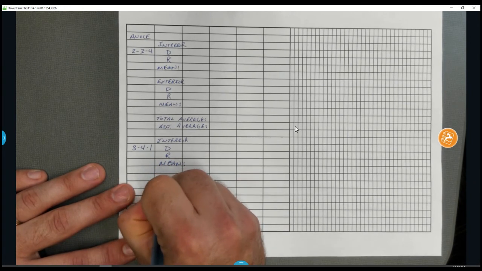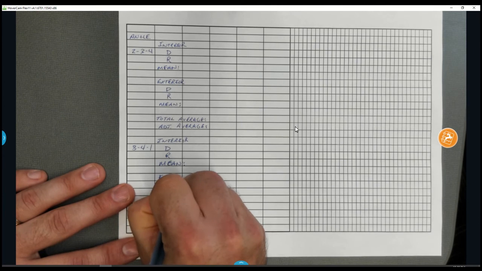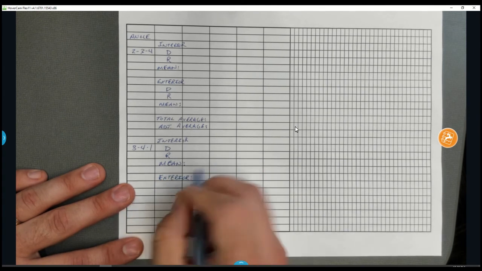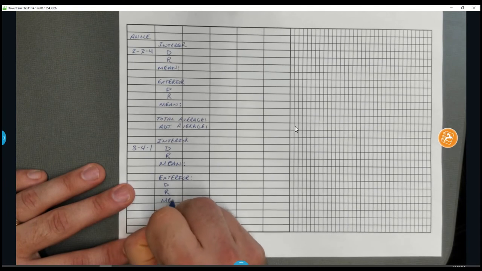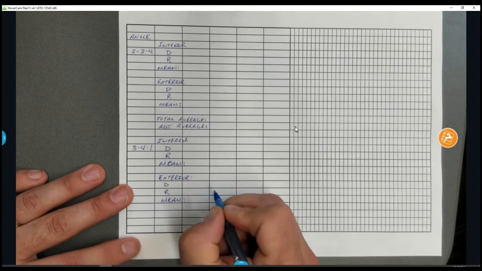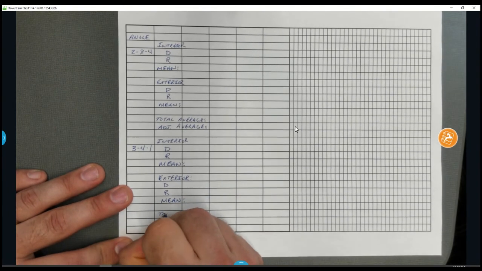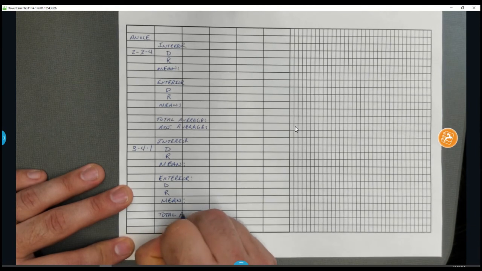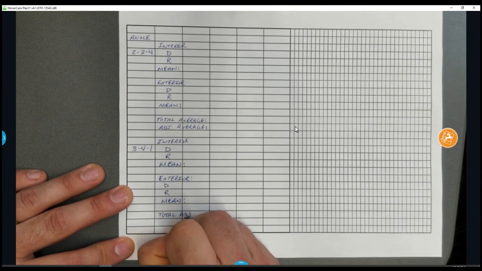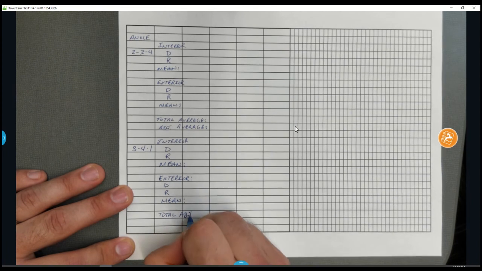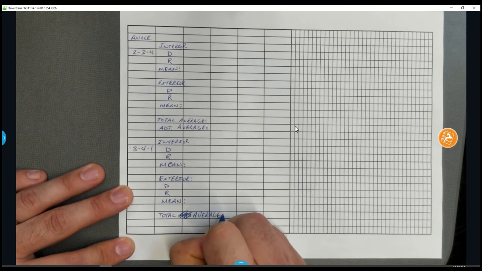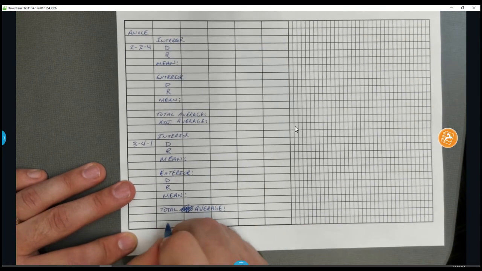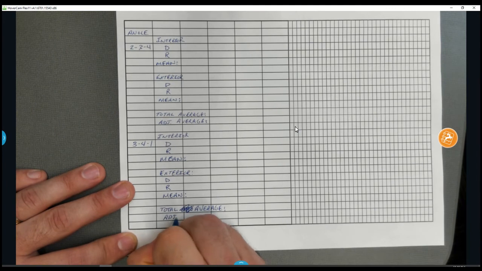Our exterior, direct, reverse, mean, total average, and then adjusted average.